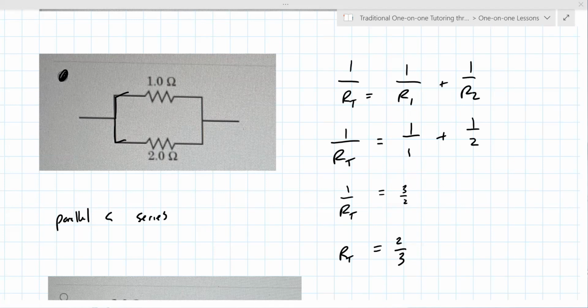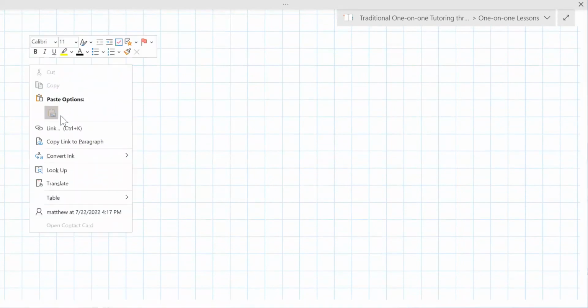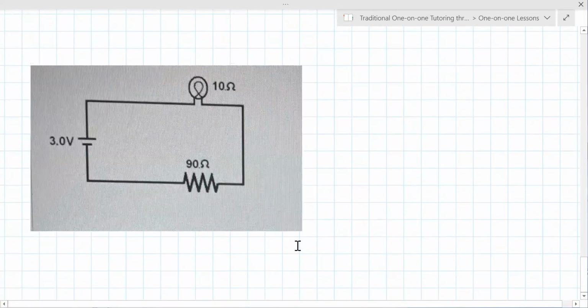Okay, so the next question here is 7. Total resistance. This one maybe appears complicated. It's a circuit that's in series because there's no branches.